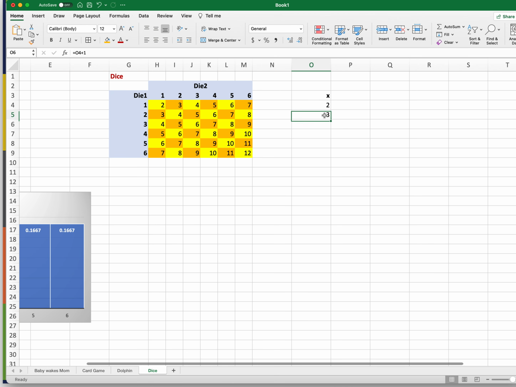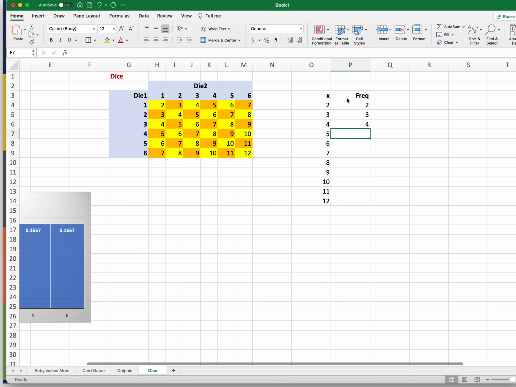So I can get a 3, and it goes all the way to where? 12? Let's stop at 12. There's 36, 6 times 6, there's 36 ways this happens. There's 36 possibilities.